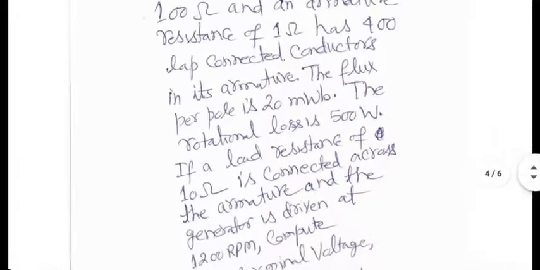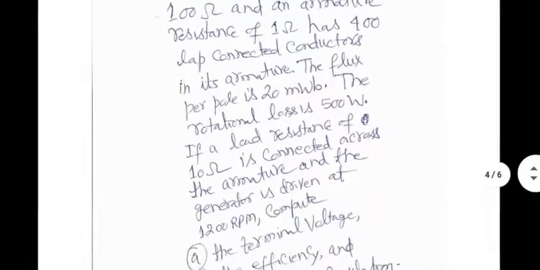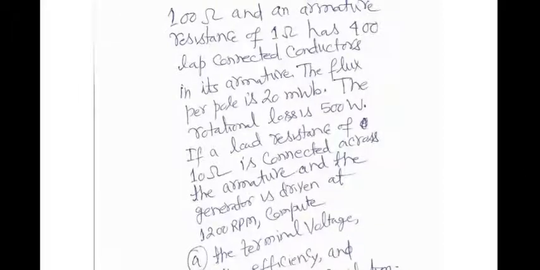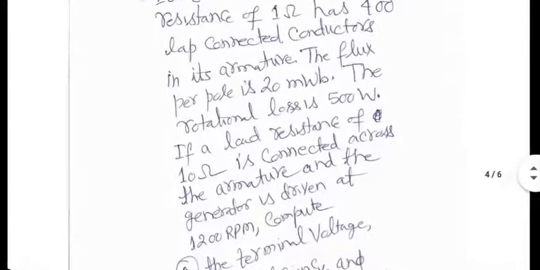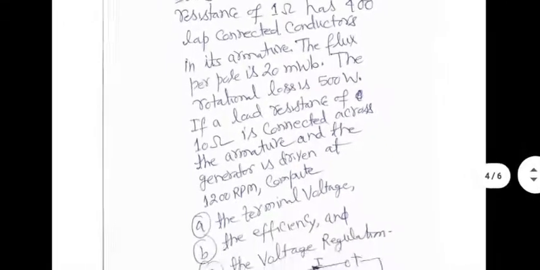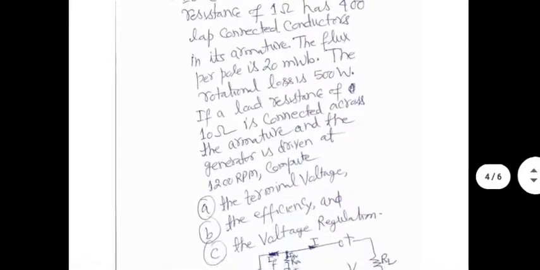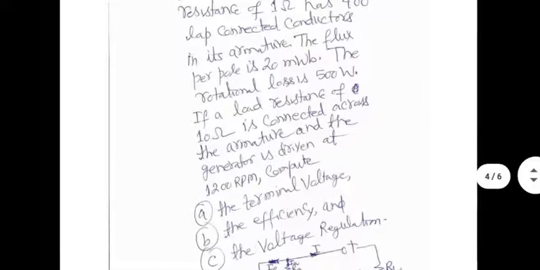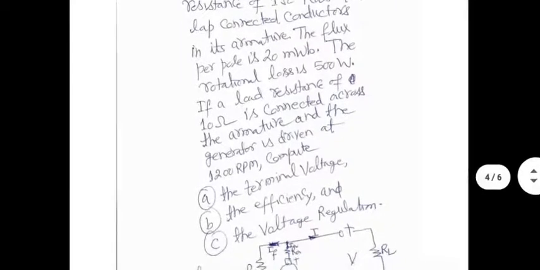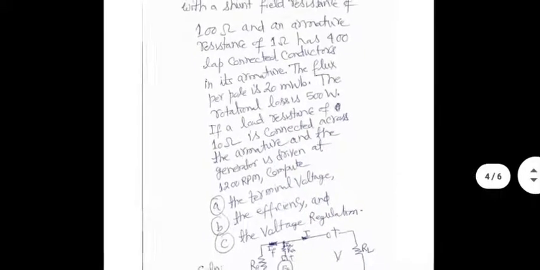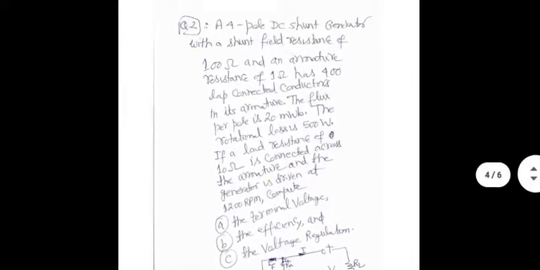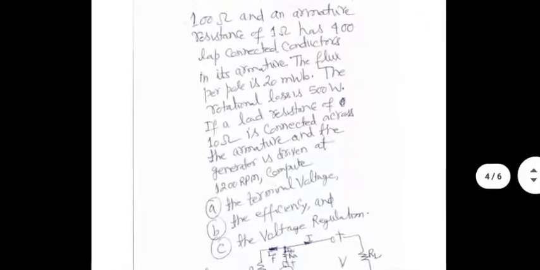If a load resistance of 10 ohm is connected across the armature and the generator is driven at 1200 RPM, compute A, the terminal voltage, B, the efficiency, and C, the voltage regulation. Three different parts.